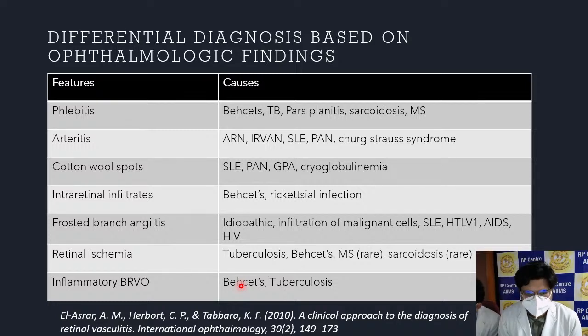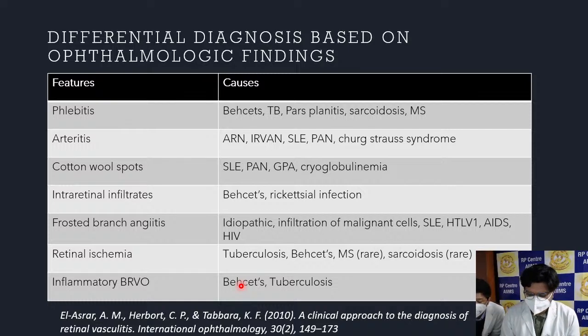So just by seeing a lot of capillary non-perfusion, don't make it tuberculosis. Just by seeing inflammatory BRVOs, don't make it tuberculosis. Yes, if you read many textbooks, you are going to invariably find such tables, but just by one observation, you cannot make an etiological diagnosis. You have to correlate it with the systemic findings also.